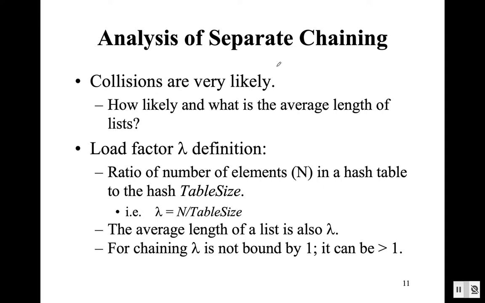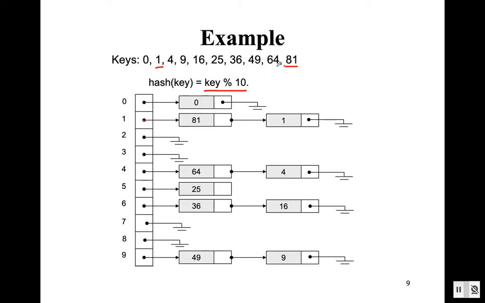In the analysis of separate chaining, you can see that we need an additional data structure, so we need to use a list. Each array element is a pointer which will point to the first element of a list.